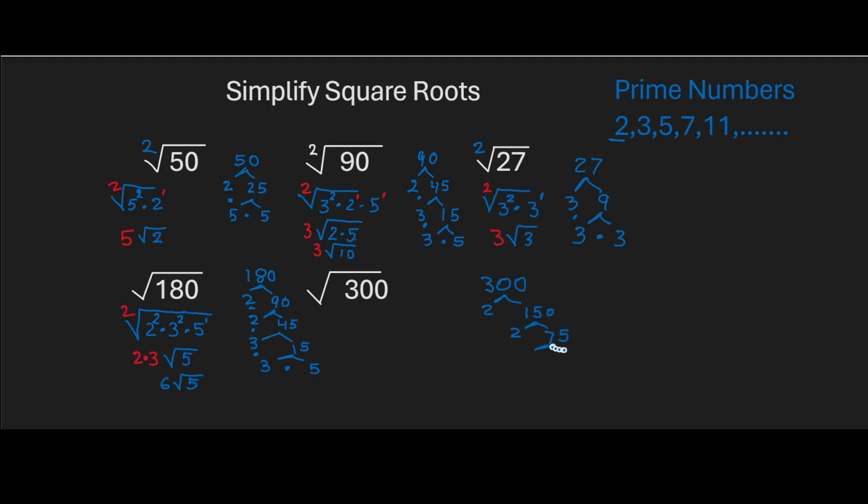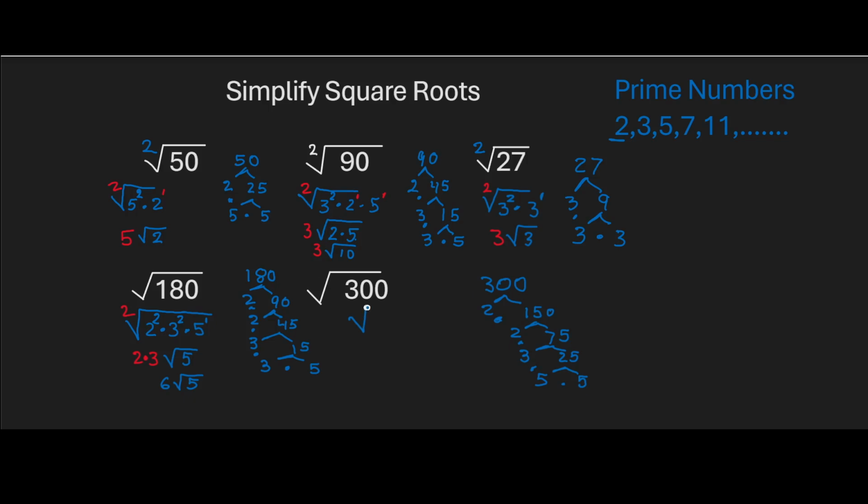But I can't divide by 2, and the next number should be 3. That's how I get 25. And if I divide by 5, I'm going to get 5. So the prime factorization is going to be this. Can you see the 5 squared and the 2 squared? That's how I'm going to write it.